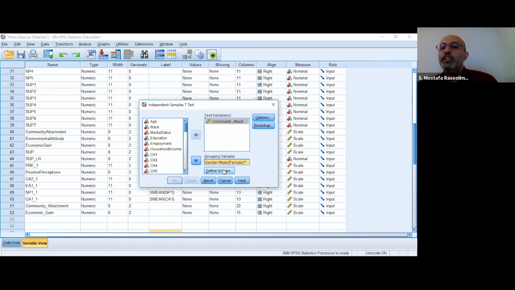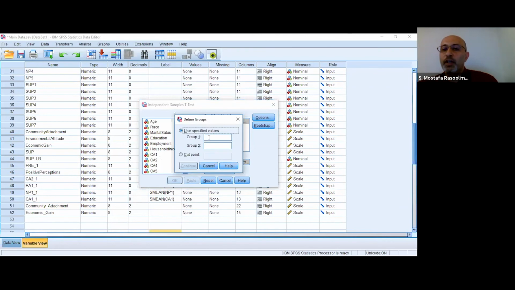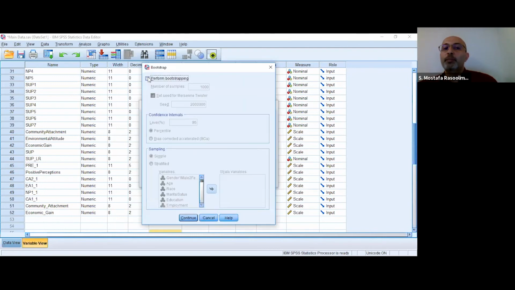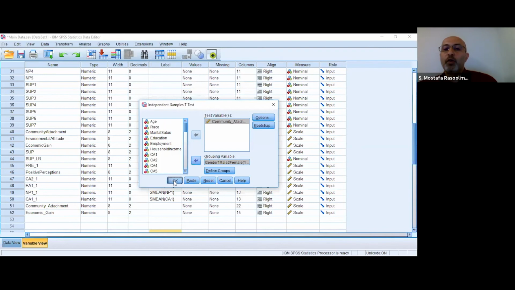But we need to define groups. Our groups are 1 and 2. 1 is for male and 2 is for female, right? Again, here are options and bootstrapping. If you want to use bootstrapping, you need to click on perform bootstrapping. So click on OK.